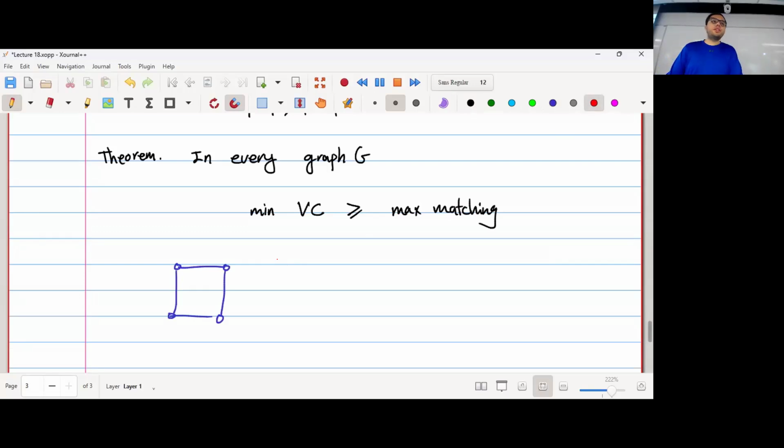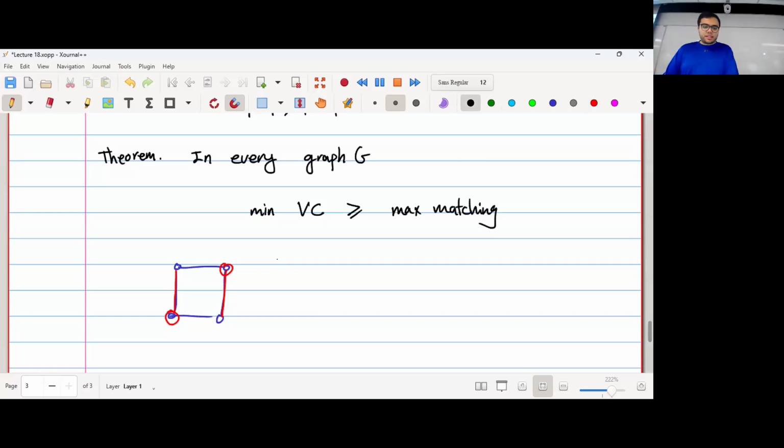How many vertices do I need to cover all the edges here? 2. What about the maximum matching? That's also 2. So I can say this is my maximum matching. I mean, I have many choices, but let's say this one, and this is my minimum vertex cover. So in this case, minimum vertex cover is equal to maximum matching.